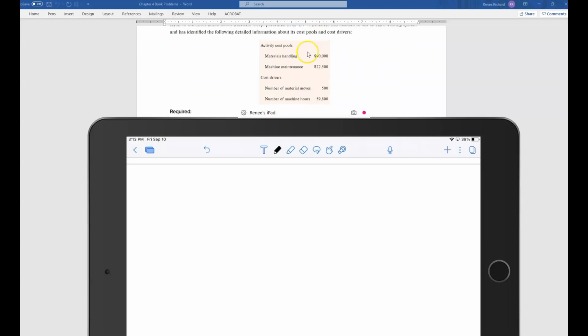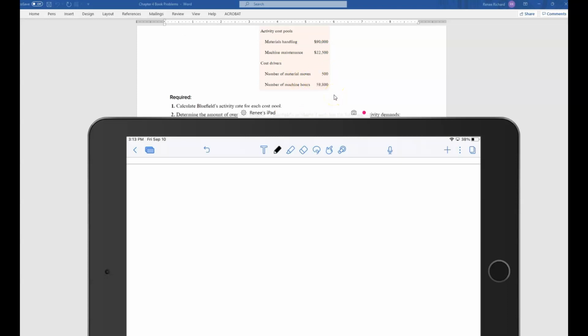So they've taken their total costs and they've split it up into two areas: total overhead costs, materials handling, and machine maintenance. The cost driver for materials handling is the number of material moves. The cost driver for machine maintenance is the number of machine hours. First, we're asked to calculate the activity rate for each cost pool. So this is E4-8.